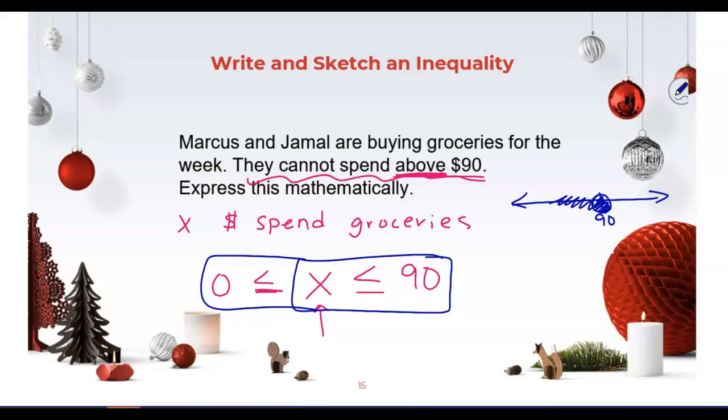So everything less than 90. And tomorrow we're going to have that 0. We're going to graph compound inequalities. So it would be from 0 to 90 would be the solution. But today we're just sticking with this idea. Oops. This part of it.